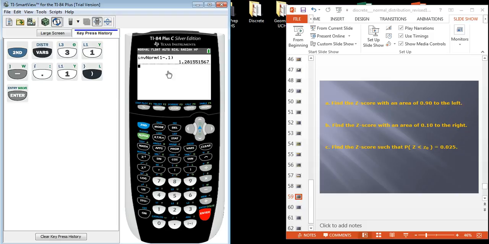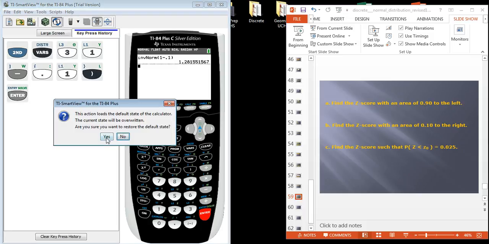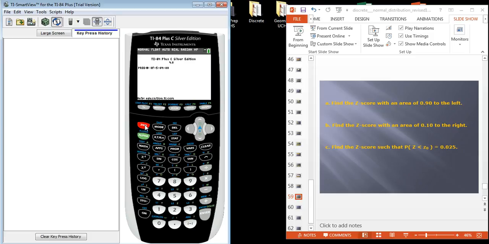Now, in our final example, it says find the z-score such that the probability that z is less than z sub alpha equals 0.025. So less than, we're looking for the area under the curve to the left because it's less than. We would enter this area to the left. Second, go to distribution, and then inverse normal, same thing we've been working with.